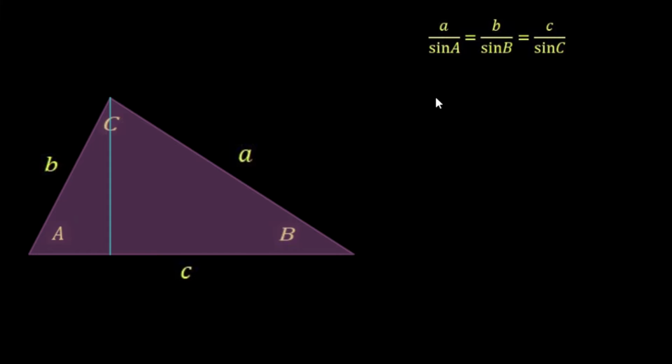Now we're going to prove this, and we're going to start off by dropping a perpendicular from this point here down to this line. So that means that we're going to create a right angle triangle here, so we can call this triangle 1. And we're also going to create another right angle triangle, which we could call triangle 2. And we can call this height here h.